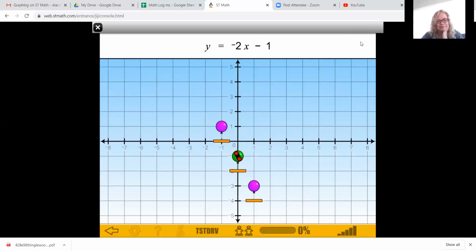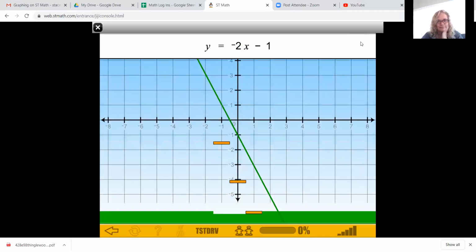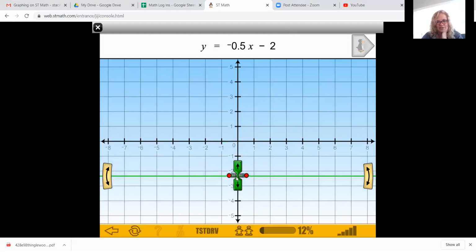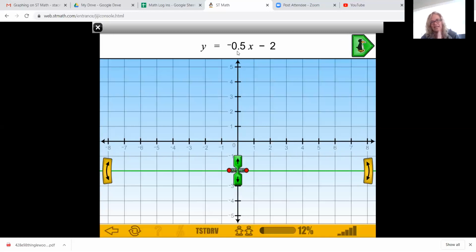Okay, last one. Okay, so here we have a y-intercept of -2. So let's move this down to -2. And then we have a slope of -0.5 or -1/2. So that would be the same as saying -0.5 over 1.